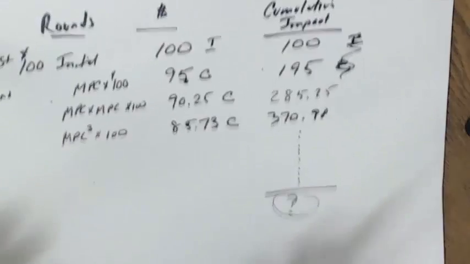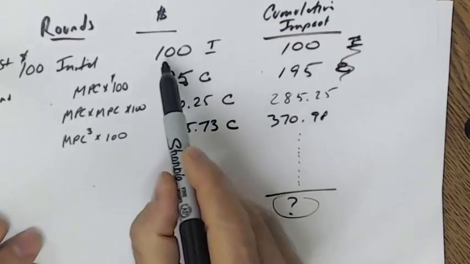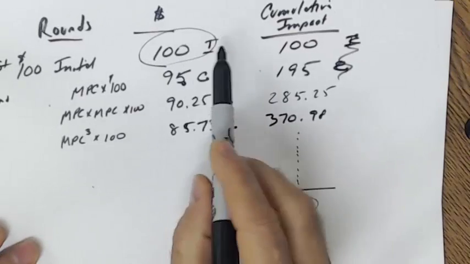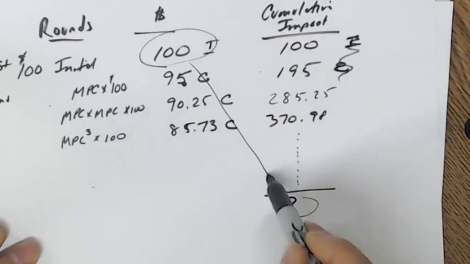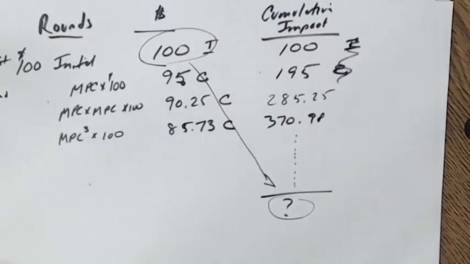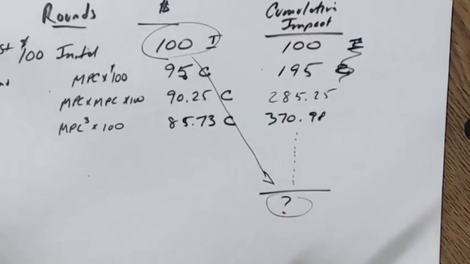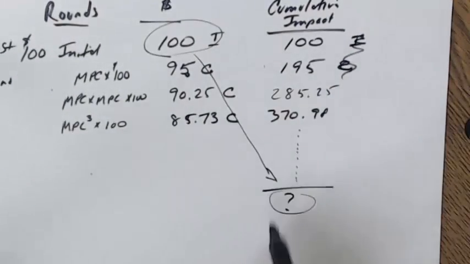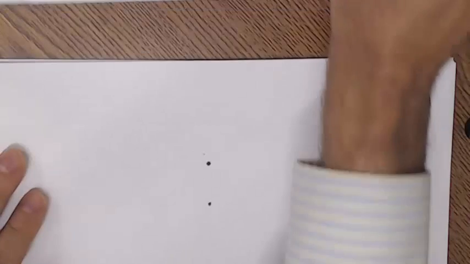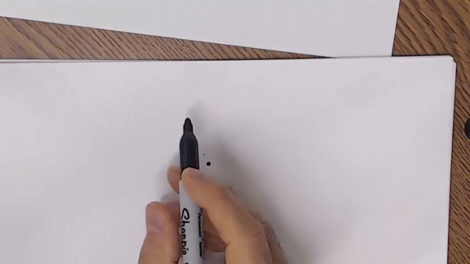So ultimately, what I'm trying to do is relate this $100 change in expenditures to a cumulative impact. That's my goal. What is that multiplier effect from here to here? What is that multiplier component? Well, let me show you.